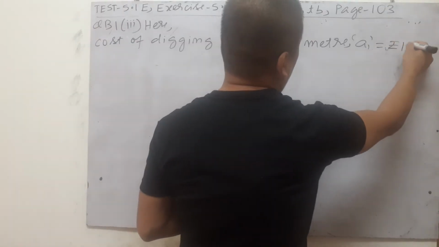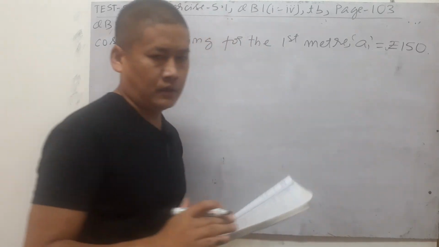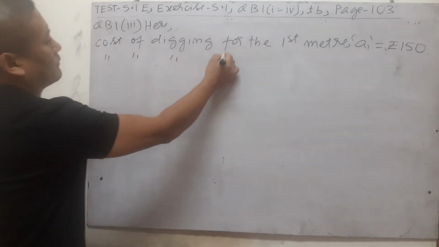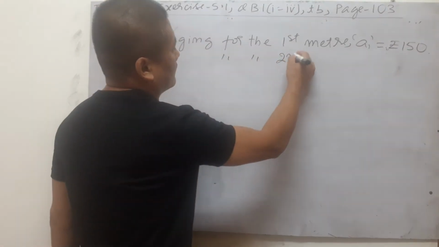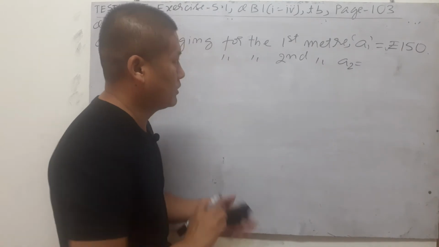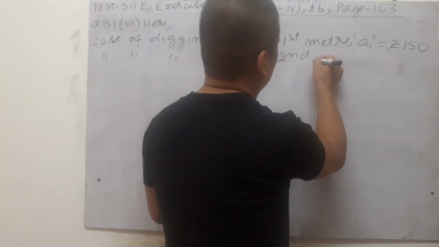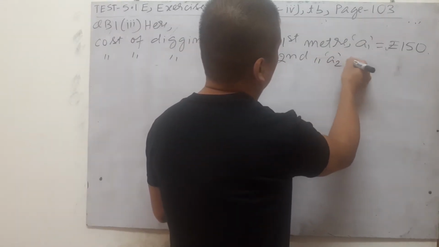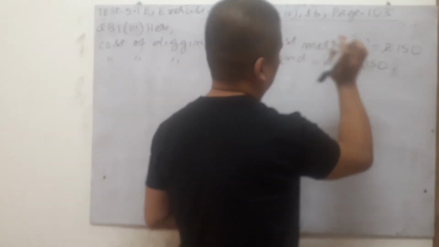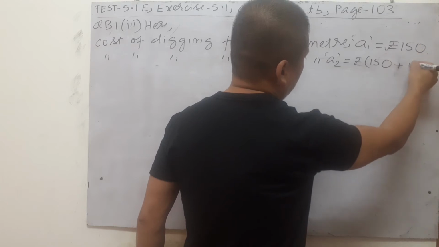So the question clearly says rupees 150 is charged for digging the first meter, and then for digging the second meter, let us say A2, it is going to be the cost after first digging plus 50 for every additional meter.